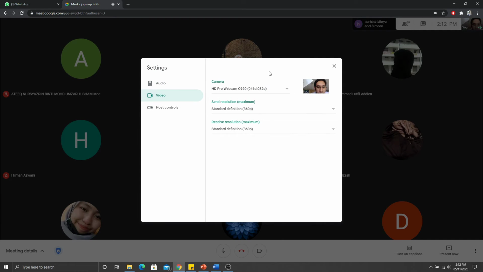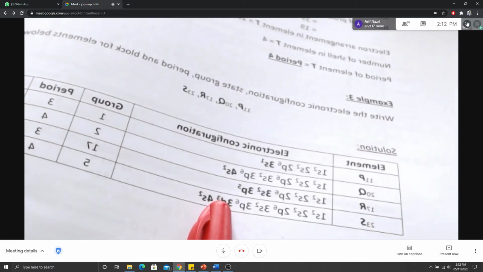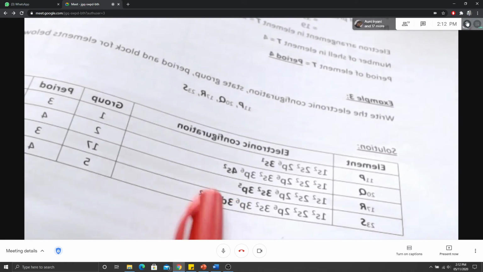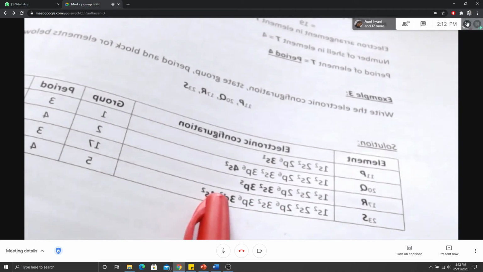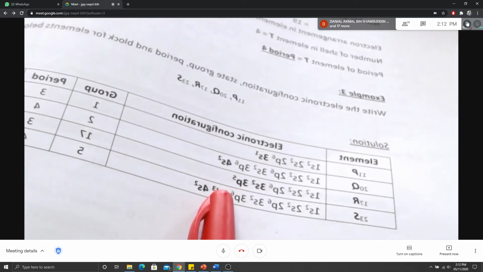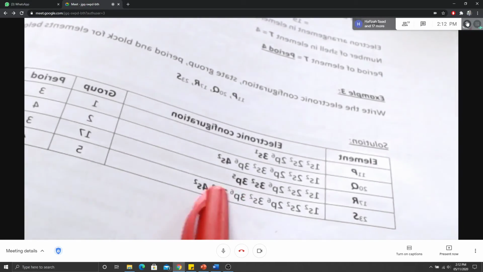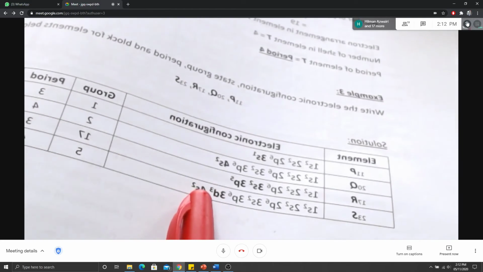So this one, kita usually susun 4S dulu kan. Kita susun 4S, kita masukkan elektron 4S dulu, baru kita masukkan 3D. Actually, dia tak salah. This one is orang yang lepas susun 4S tu, and then dia susun dekat 3D3, dia susun balik je, so that the highest principal quantum number is dekat atas.